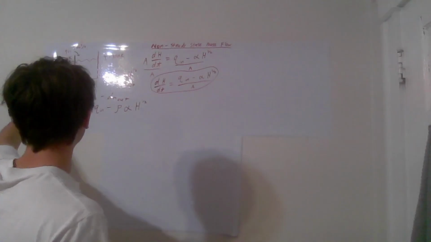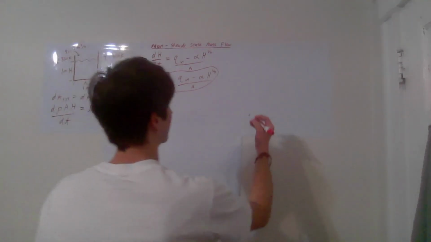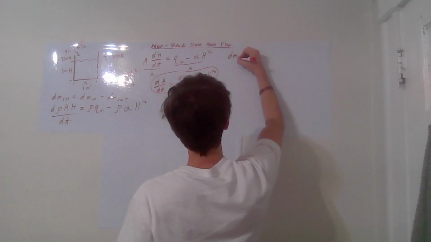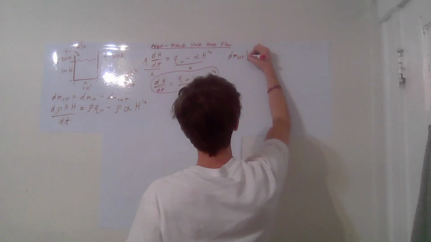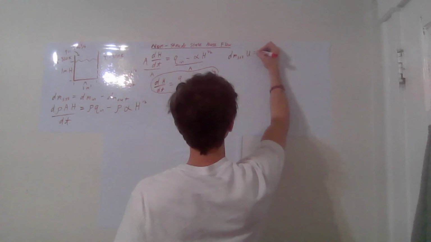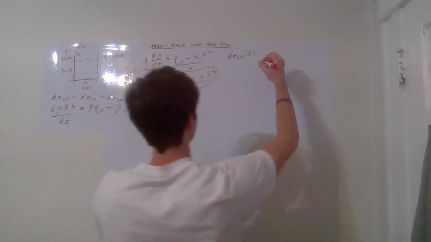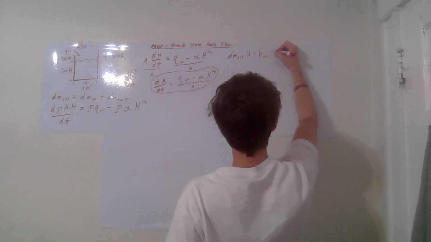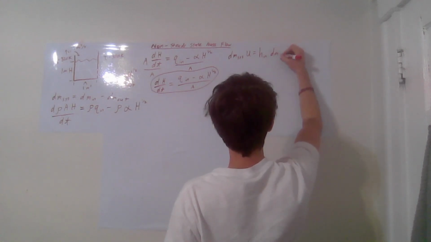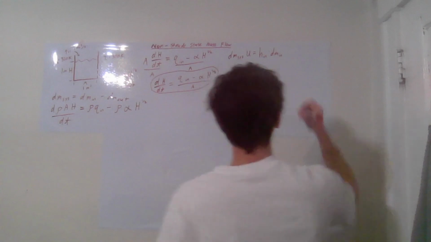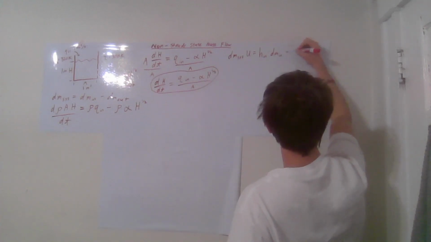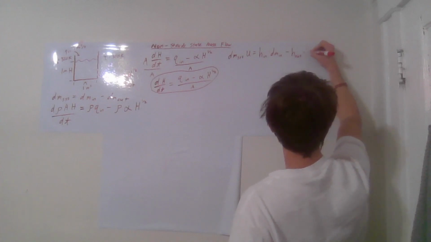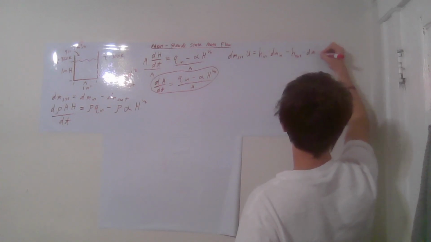So we're going to make an equation just like this: the change in the mass of our system times the internal energy of our system is going to be equal to the enthalpy coming in times the change in the mass in, minus the enthalpy going out times the change in our mass going out.